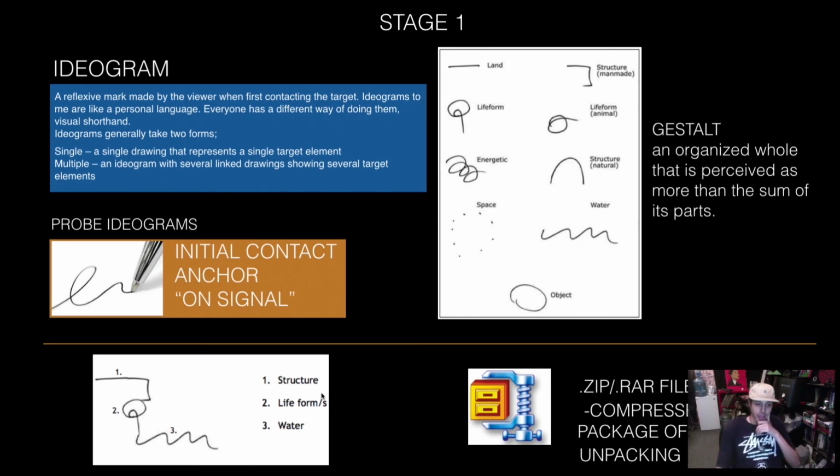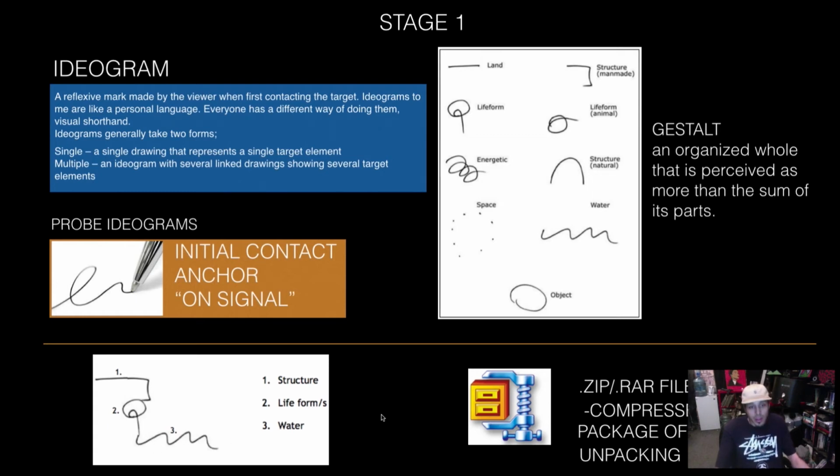For example, down here, this is a multiple ideogram. You can see there are three different ideograms in it, and each part represents something different. There's a right angle here for a structure, a life form ideogram, and then a water ideogram.